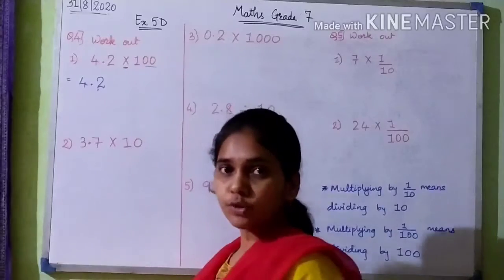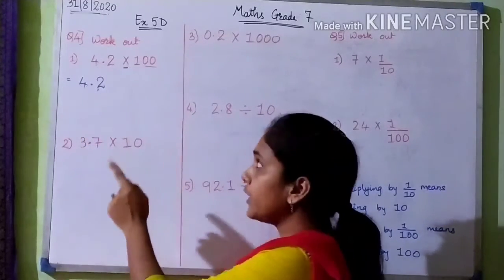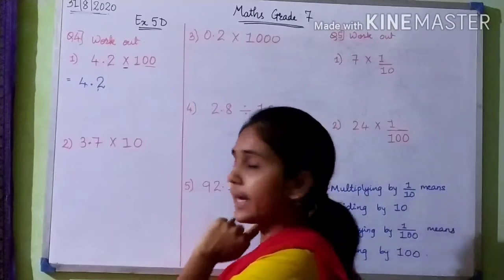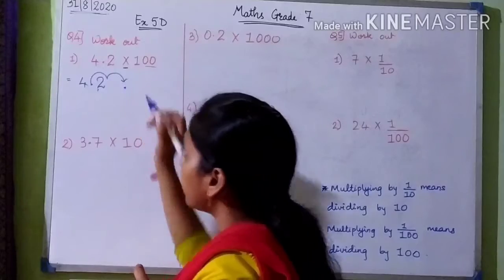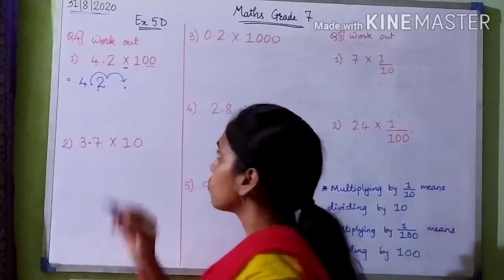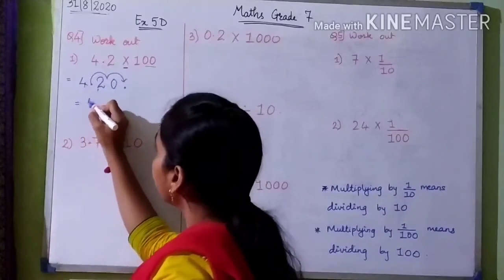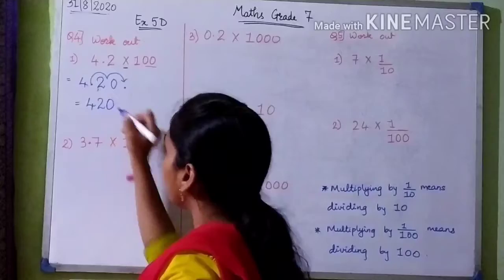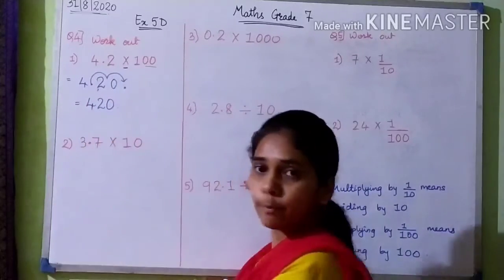The decimal point is going to shift 2 places to the right, 1 and 2. But here there is no number, so I put a 0. So this number becomes 420. The decimal point has shifted here, so I write 420 point.